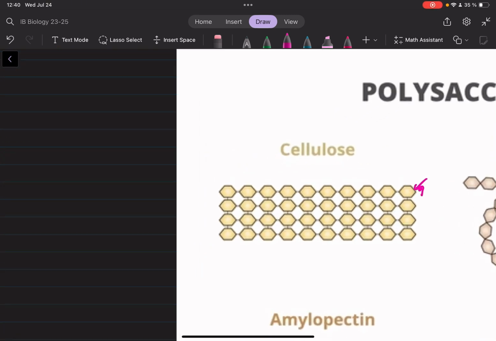I know I said that we don't really need to memorize the type of sugar per se, but it is good to know what subtype of glucose it is, but there's only 2, so it's okay. So cellulose is beta glucose. I'm just going to write the shortened version because I'm lazy. And it's linear and unbranched.